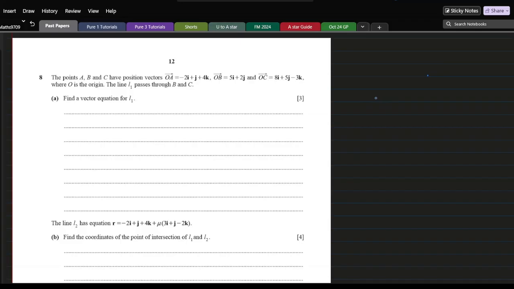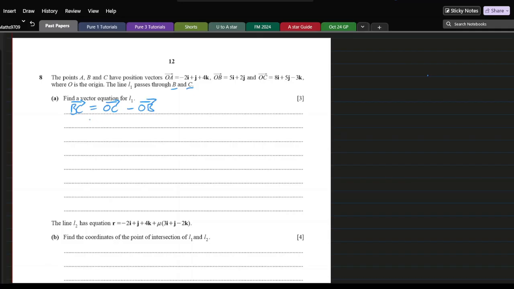Alright, so we're told that L1 passes through B and C. So the first thing that we need to do is to find the direction vector of L1, which would be BC. So BC would be OC minus OB.